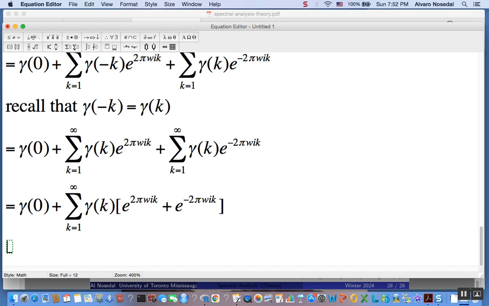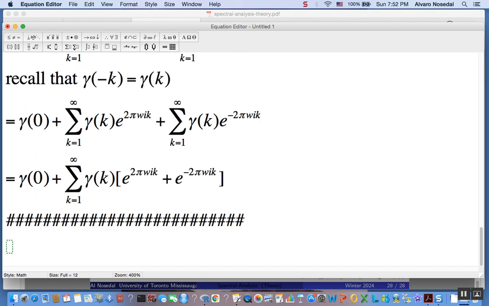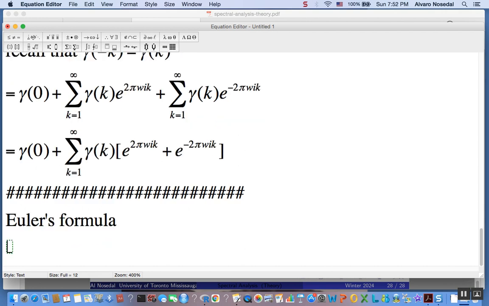So now let me just remind you about Euler's formula. Remember that e to the power i x, for any x, equals cosine of x plus i sine of x.